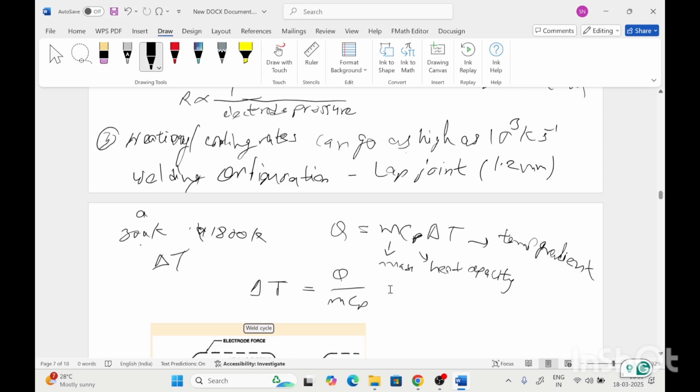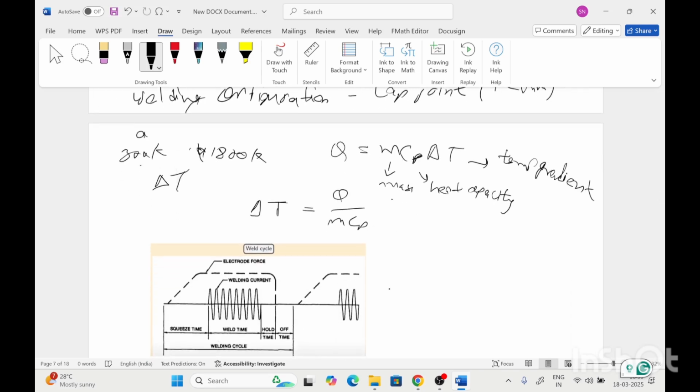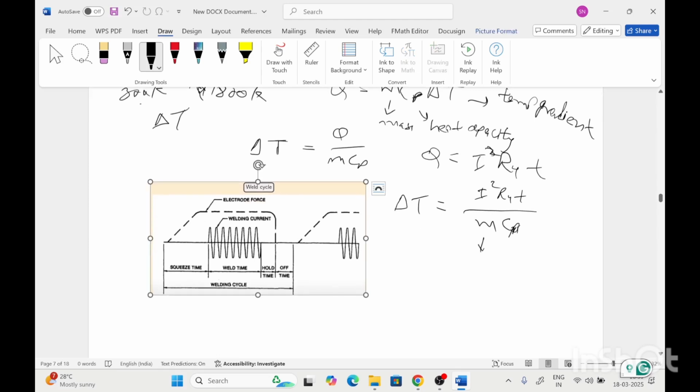As we know, the heat Q generated in resistance welding is I square R T, so the temperature gradient will be I square R T divided by m Cp. The heat capacity for a material we know, and mass can be calculated as the density of the plates times the welding joint volume.